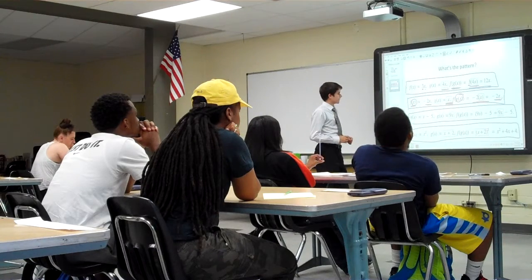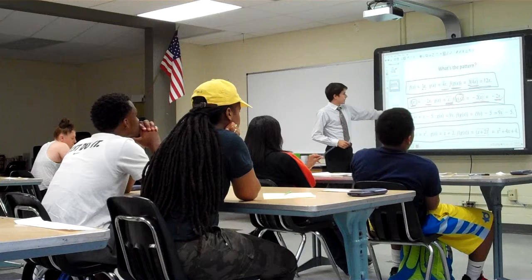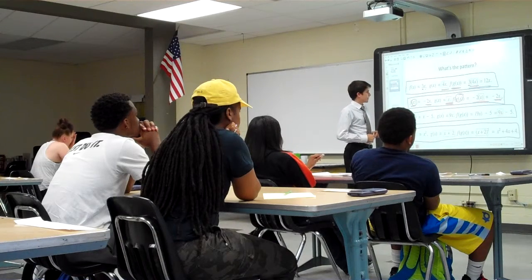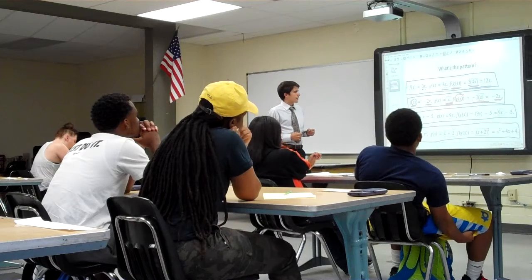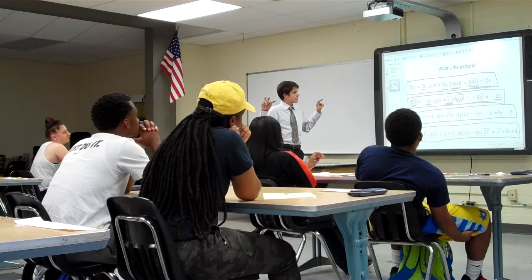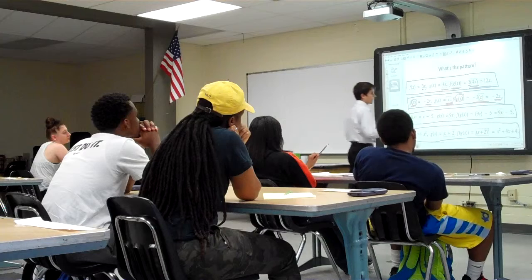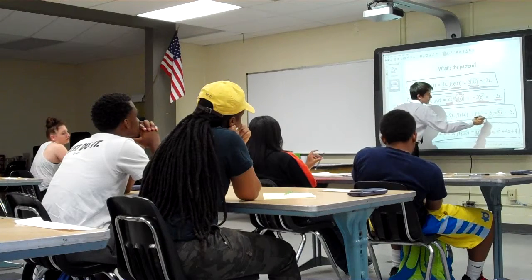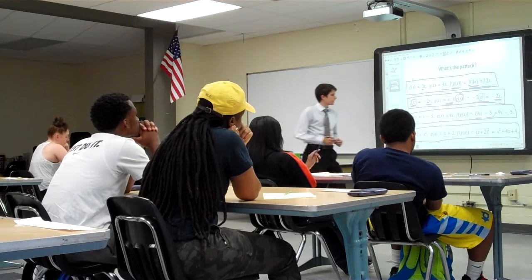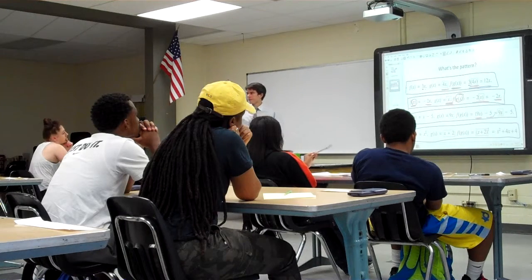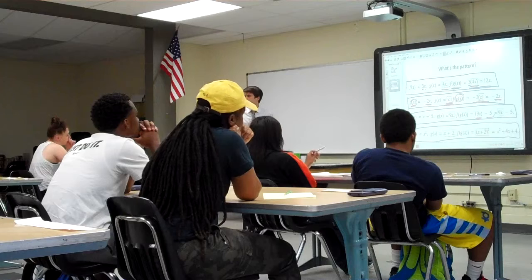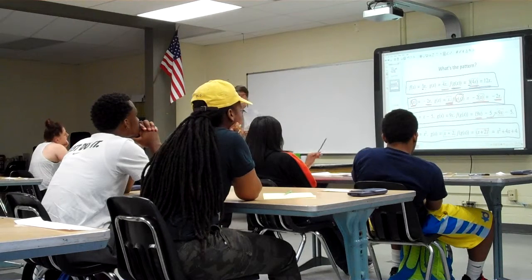Let's look at the next one here. f of x is x minus 5, and g of x is 9x. Then we have this f of g of x is 9x minus 5. So it does matter which order we do it in.